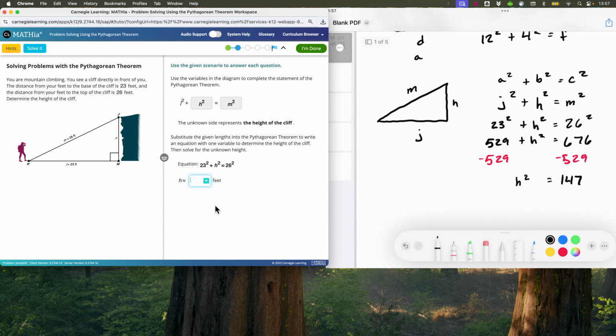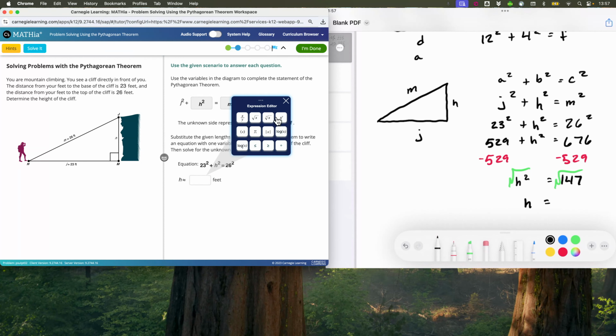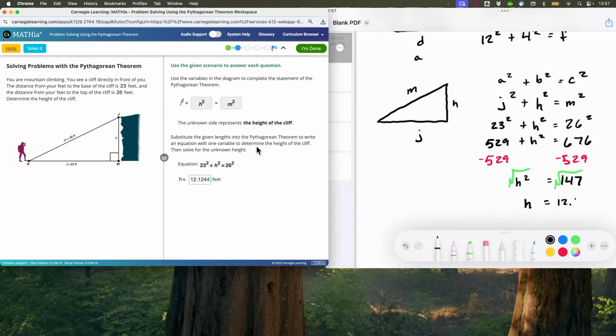So to solve this, we take the square root of both sides, just like we did in the lessons that I showed you before this. And so we are going to get whatever the square root of 147 is. And that's going to be 12 point. And the way I do it, I only use 2 decimal places. Mathia is always going to go to 4. That's just the way it is.